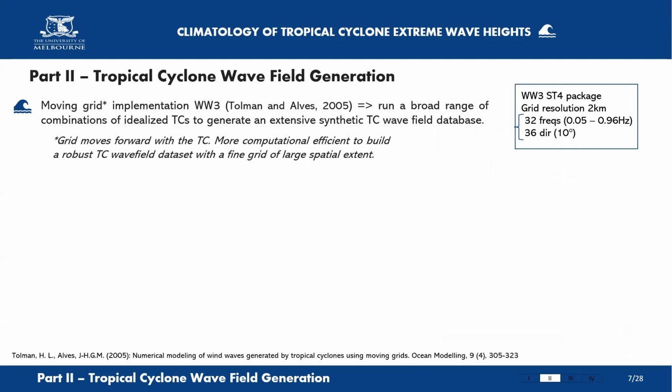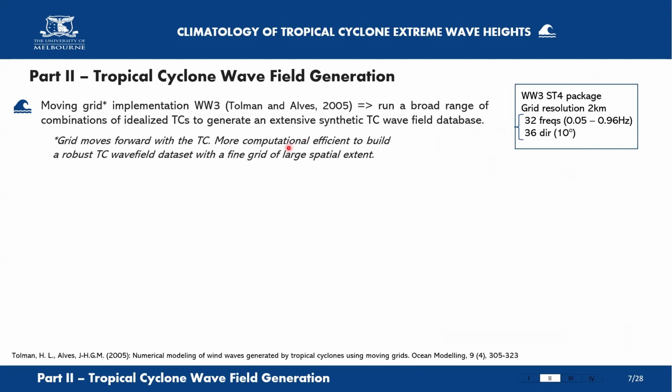For the tropical cyclone wave field generation, we use a moving grid implementation of WaveWatch 3 to run a broad range of combinations of idealized tropical cyclones to generate an extensive wave field database.